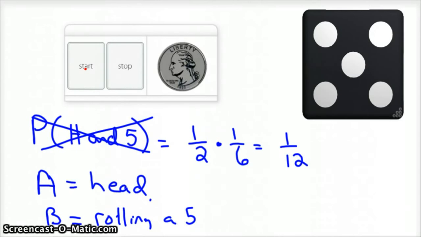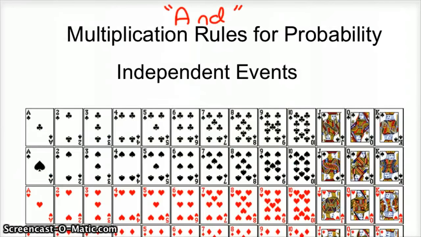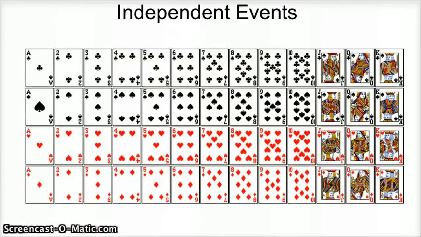And so that's 1/12. And so those are independent events. We'll talk about dependent a little later. We'll just stick with independent for this video because dependent's a little more complicated and takes some more time.